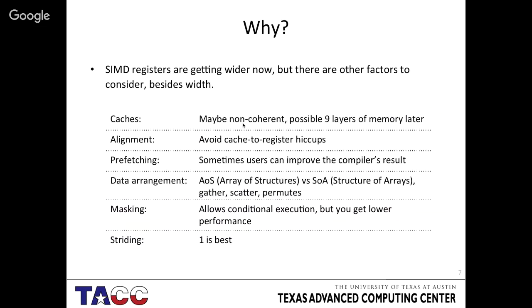And if you're striding by 8 words in your loop to access things in some array, then you're bringing a whole cache line, 8 bytes, into the register, because that's the units it works with. And if you're only using 1 because you're striding by 8, then you wasted a lot of bandwidth just to get 1 element.